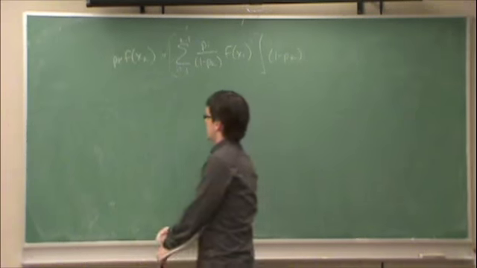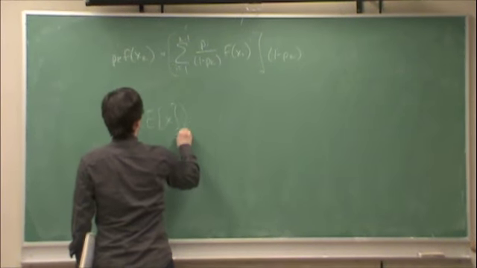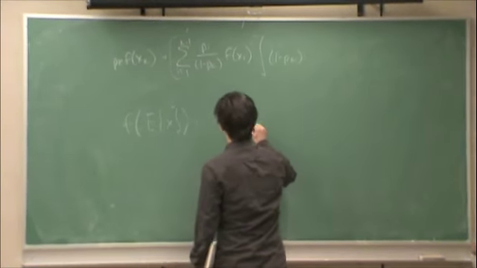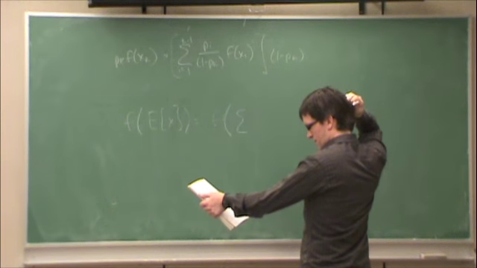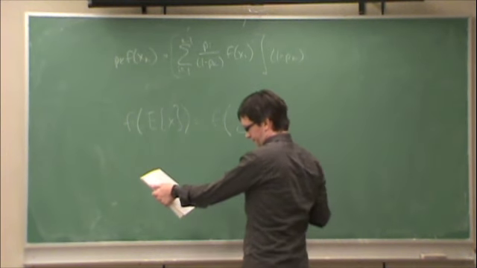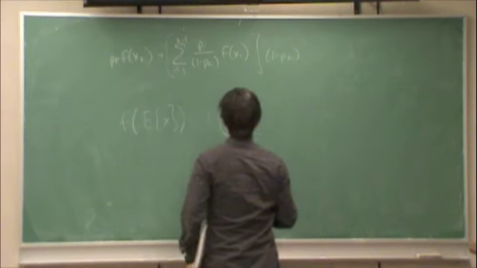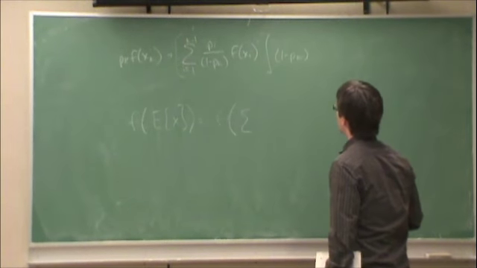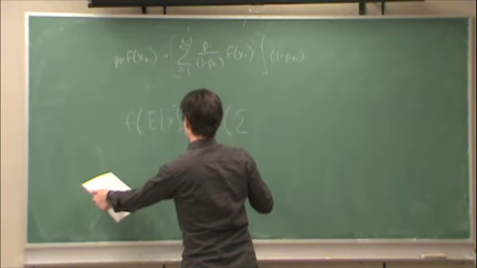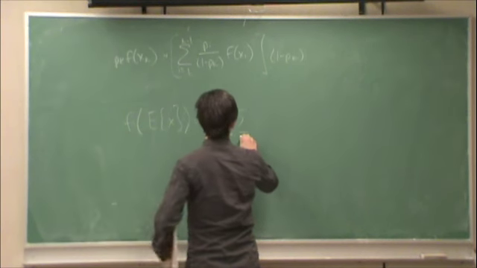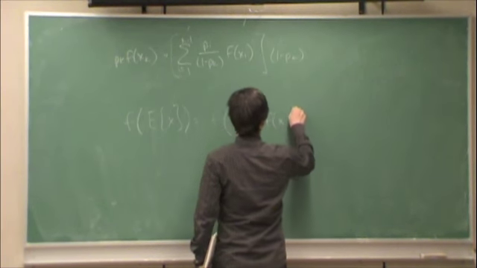Now, on the other side, what I need is f of the expected value of x, which is equal to f of the sum from i equals 1 to k of pi xi.